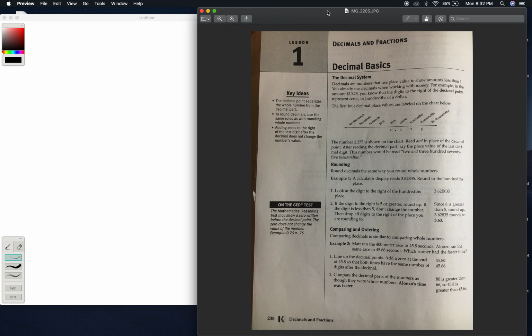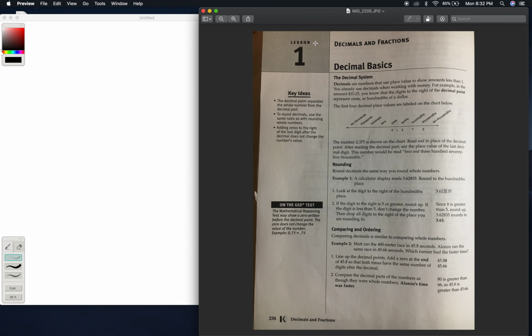Okay, so let's get started here. Here are some key ideas. The decimal point separates the whole number from the decimal part. To round decimals, use the same rules as with rounding whole numbers.